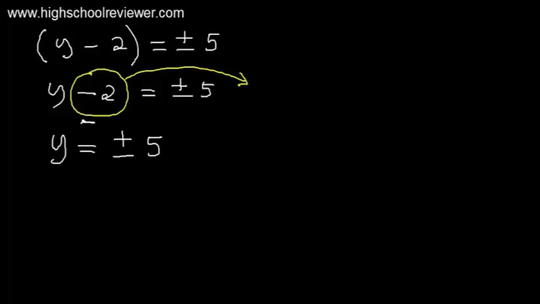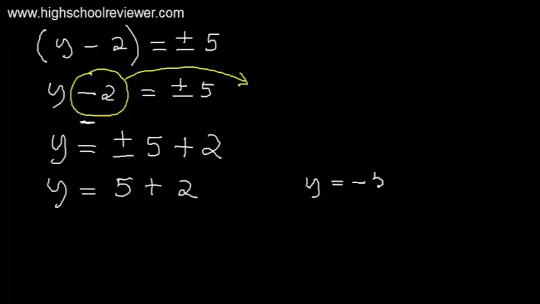If we transpose negative 2, it will change sign and become positive. Okay, so there will be two values for y. The first value will be positive 5, so this will be positive 5 plus 2. And the second value for y will be negative 5, so this will be negative 5 plus 2.